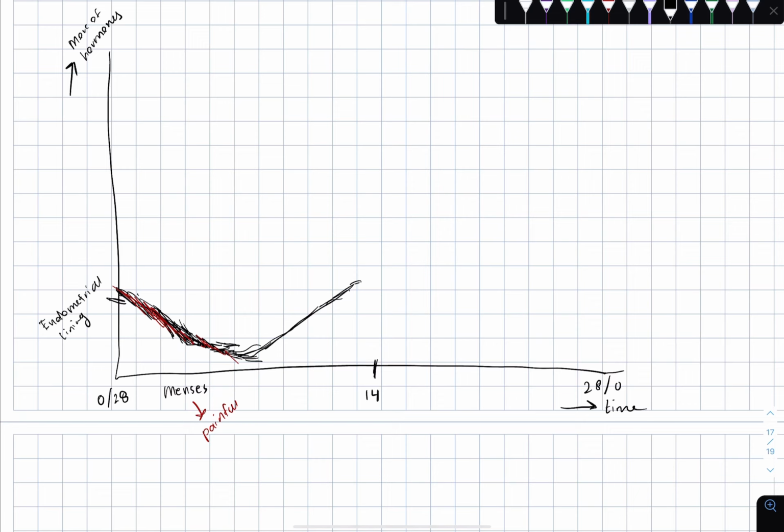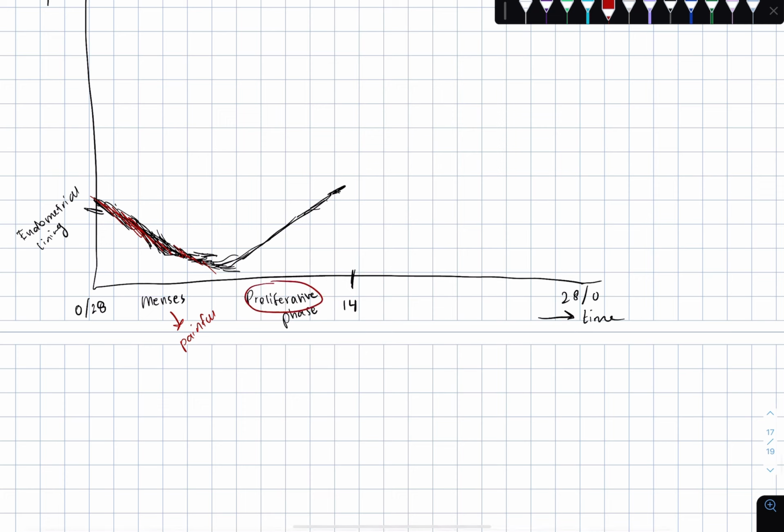When it starts to build itself up, that is called the proliferative phase. It's called the proliferative phase because if we break it down, proliferative comes from the word proliferation, and proliferation we can think of as growth, as division of cells, replication.